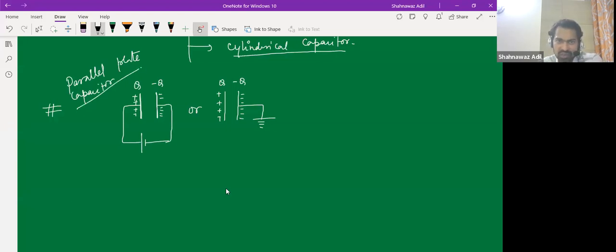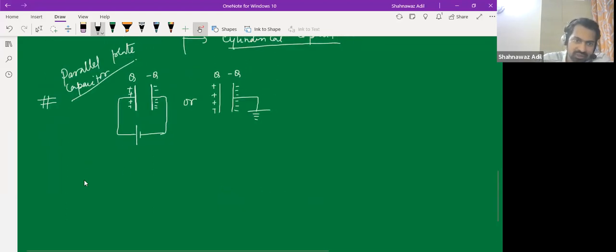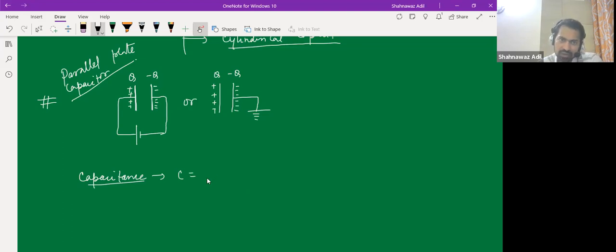Okay, so we already know that to calculate the capacitance, what do we need? We need charge divided by potential, right?